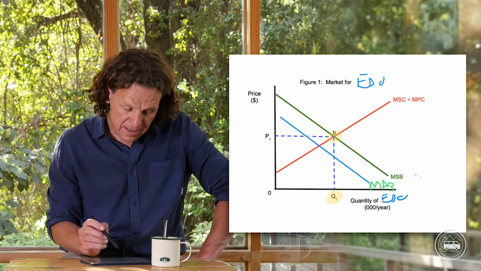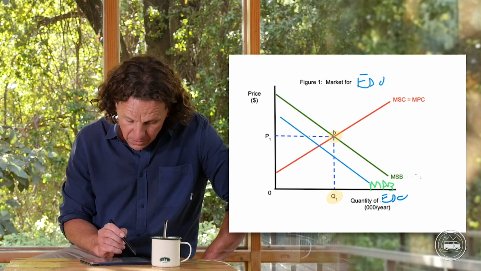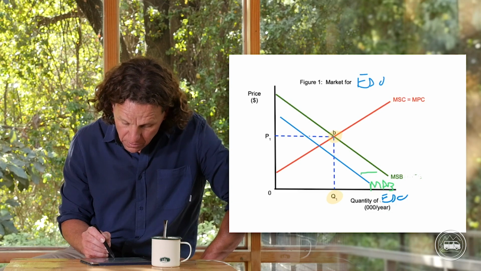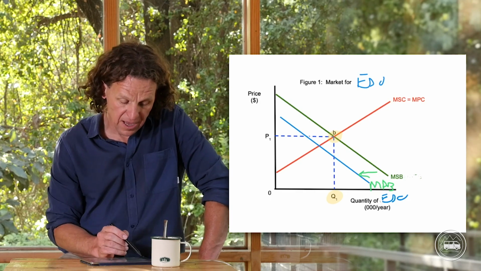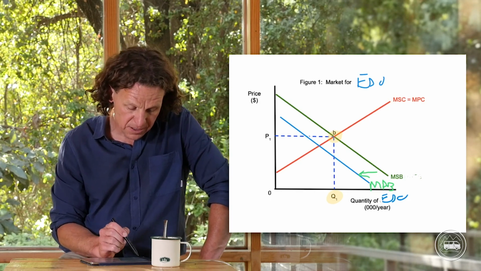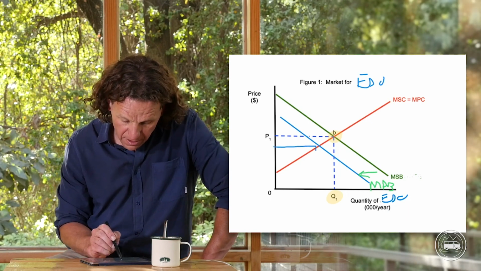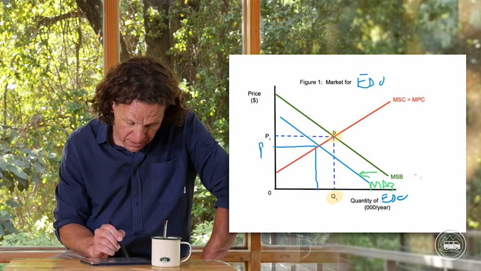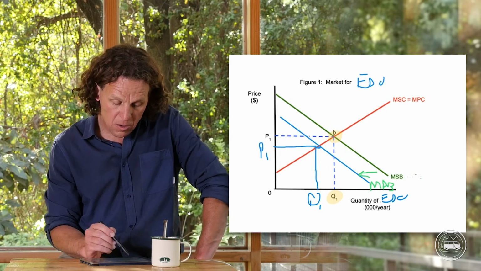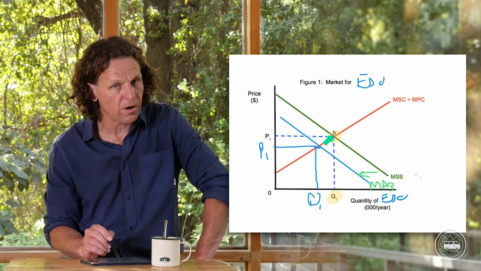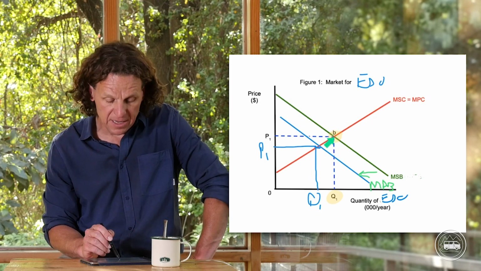Because it is assumed that it would be better for society if there were more consumption of, boom, education, okay? So where's the market actually going to operate? Well, it's going to operate right here, at this point right there, okay? So our P1, Q1, that's where the market operates. It operates right here. But where does the government want it to operate? Where it began, right? Which is the socially optimal point of point B.